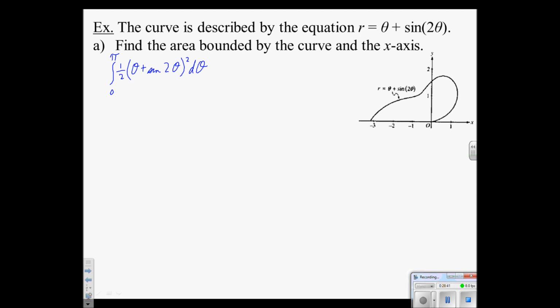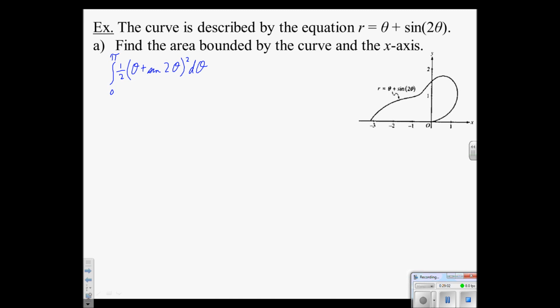Second thing is this. I realize that what we're given is a polar function. However, to do this problem, we do not need to switch our calculators to polar mode because it doesn't matter that it's a polar function. It is a function of a variable. We are integrating with respect to that variable. And when I type this into my calculator, instead of theta, I'm just going to write x.